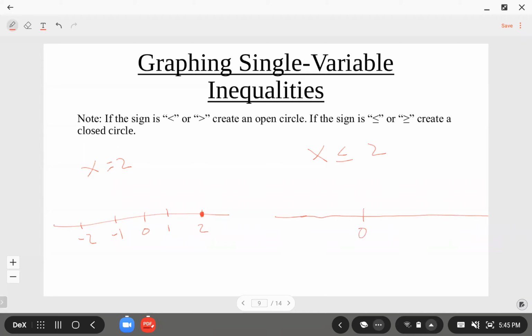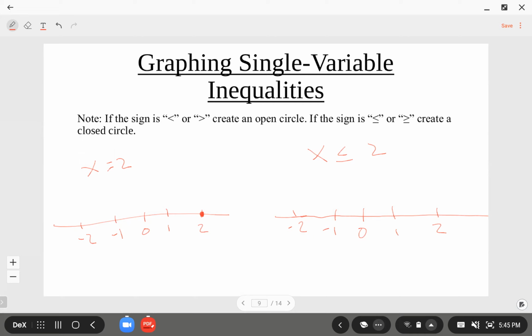There we go. 0, -1, -2, 1, 2. Okay, so what happens when we have an inequality? Let me graph this beforehand.